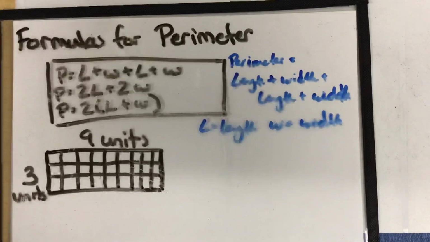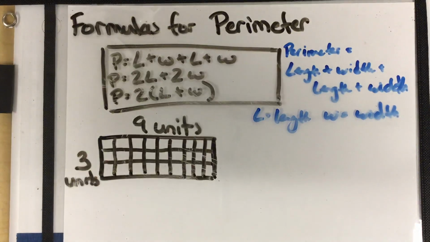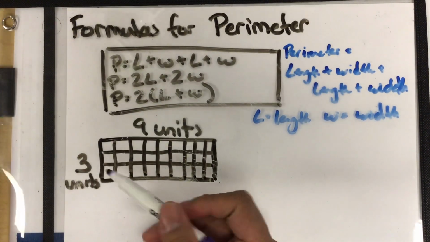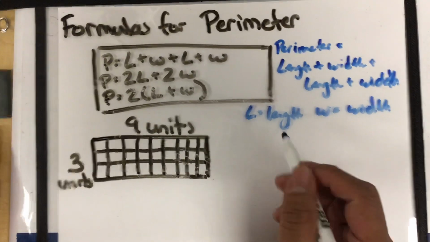Okay, now let's take a look at this example right here. Here we have a shape, and it is 3 units wide and 9 units long.